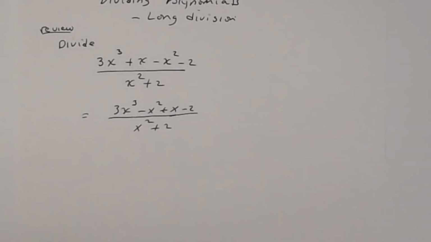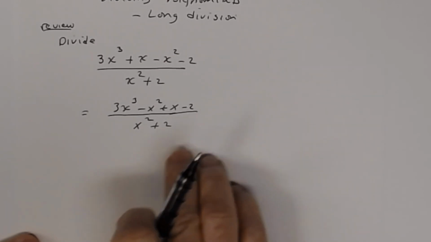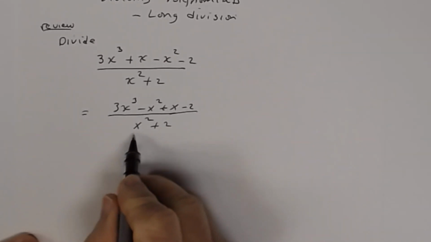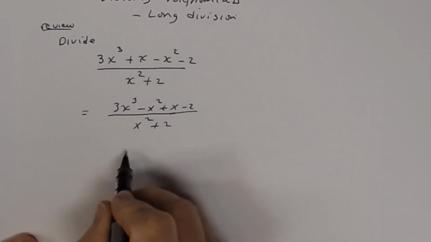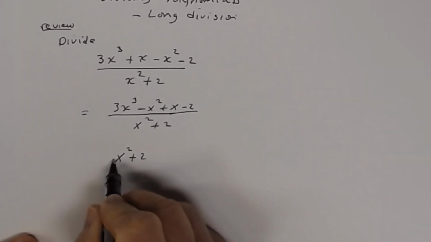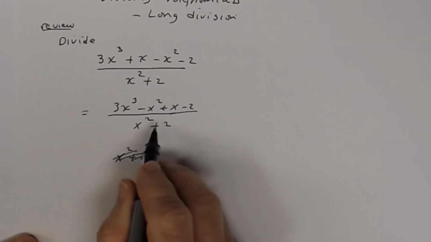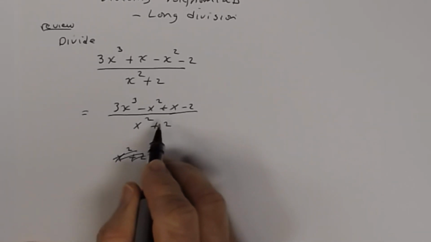All right. Now, the next thing you're going to do is rewrite this in long division form. The denominator is called your divisor, so that's going to be listed first. I forgot to mention that if there are any missing terms, you need to put that term in as a 0 term. Notice that in the divisor, I'm missing the x term.